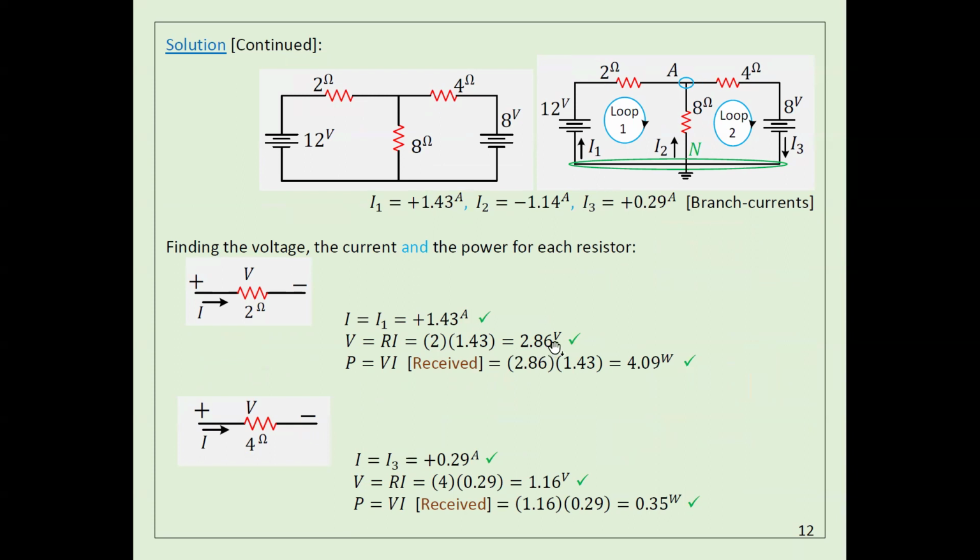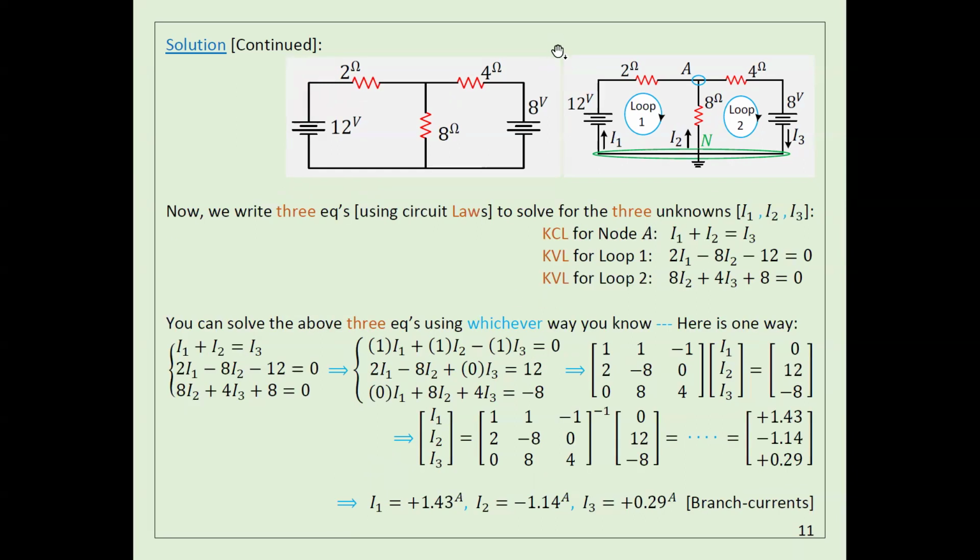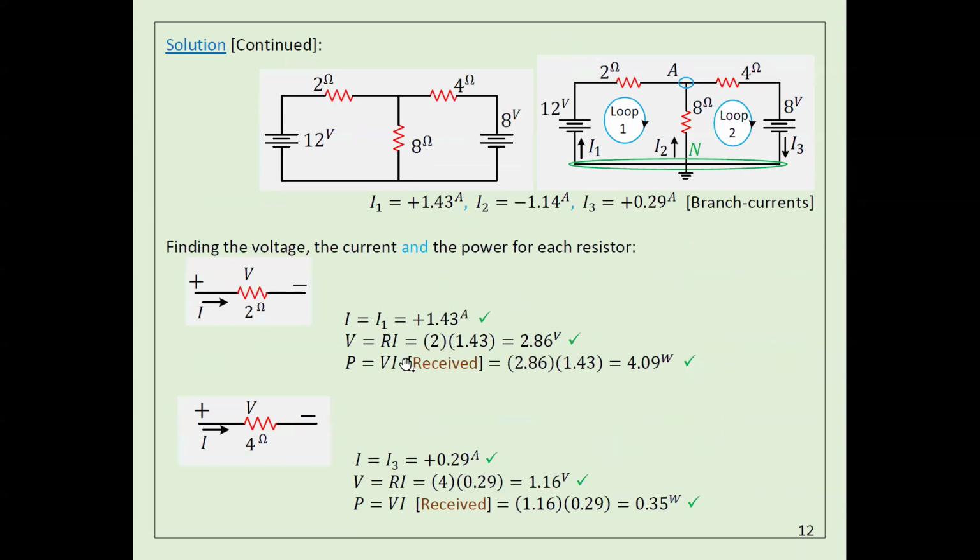Now, if you also want to study the power, the amount of power consumed here, the amount of power consumed here, and the amount of power consumed here should equal the amount of power consumed or generated by these two. So if you want to extend your analysis to the power, once you have V and I, the power is very easy.